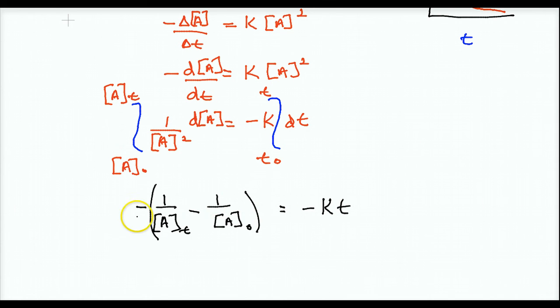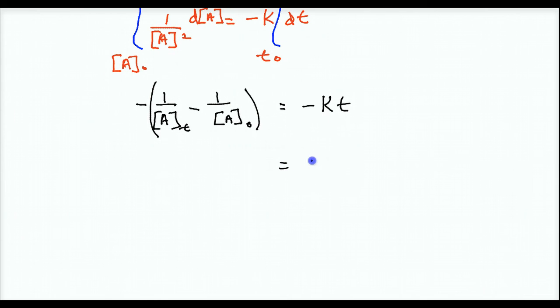Multiply this side by negative, get rid of negative, that becomes a positive kt. And this becomes 1 over A of t minus 1 over A of 0. And that is your second order integrated equation.